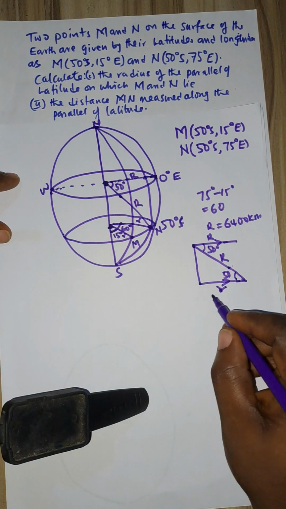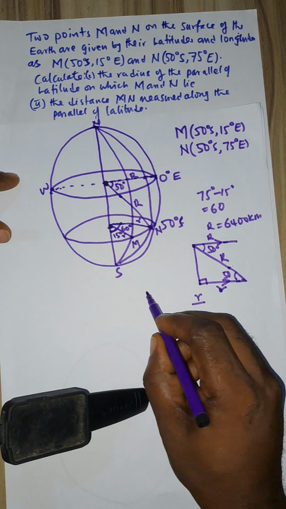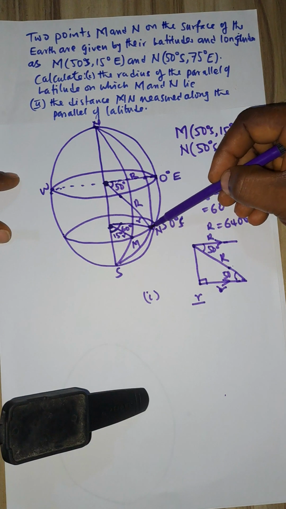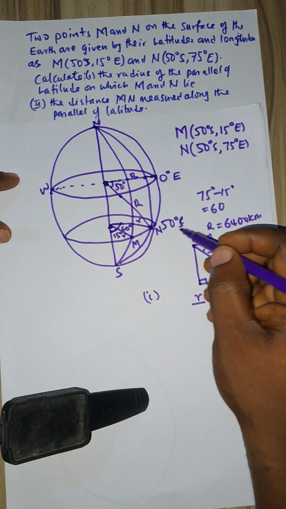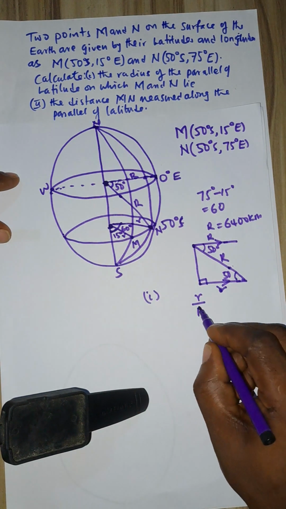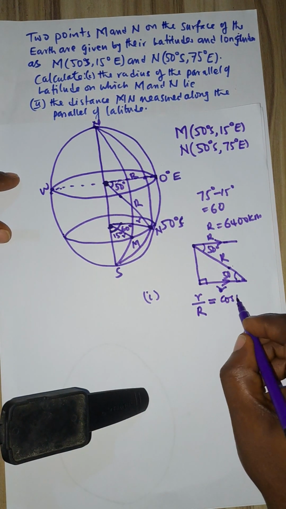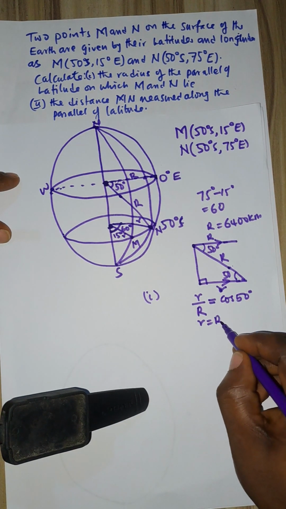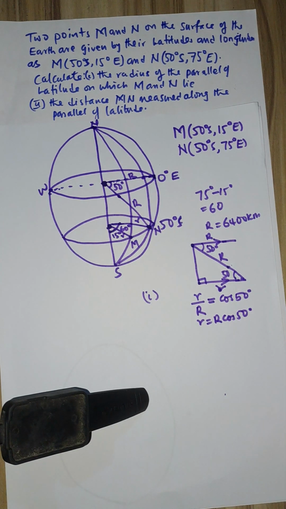Now, this is a right angle triangle. For question number one, they say we should calculate the radius of the parallel of latitude. If you take the radius of the parallel of latitude to that of the Earth, it will give us cosine 50 degrees. So r will be big R cosine 50 degrees. So we use our calculator.